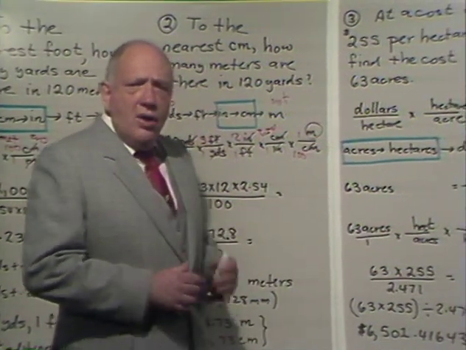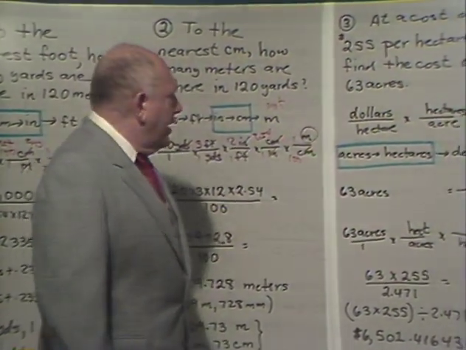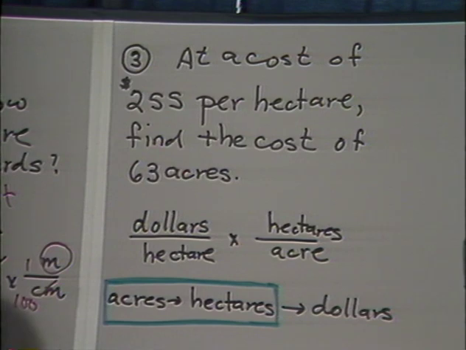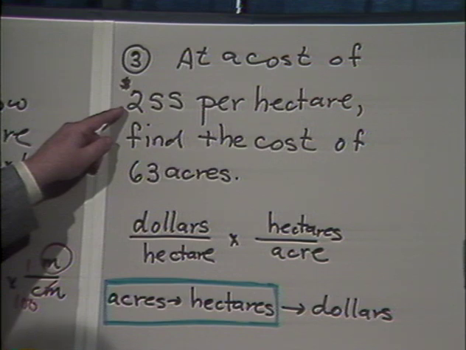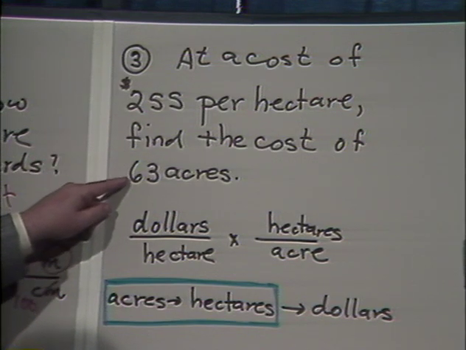Let's apply it now to a real estate problem. Let's suppose, again, that you're buying a lot of land in a country that uses the metric system. You're used to the English system, so the price is given per hectare, but you're thinking in terms of acres. So the problem says at a cost of $255 per hectare, find the cost of 63 acres.